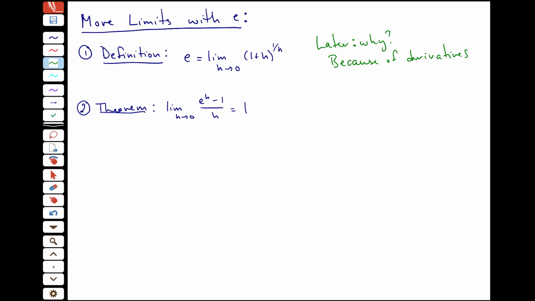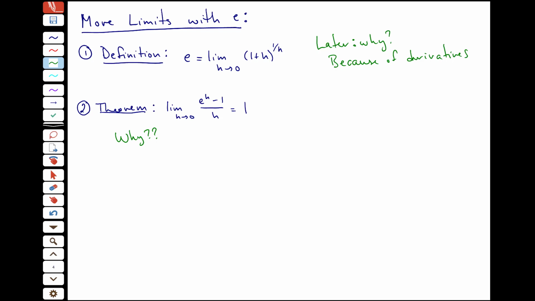Now, a theorem that's related to this definition is when you take the limit as h goes to 0 of e to the h minus 1 divided by h, you just get 1, which is kind of surprising. So we could ask why this is true. This is a limit of the form 0 over 0.